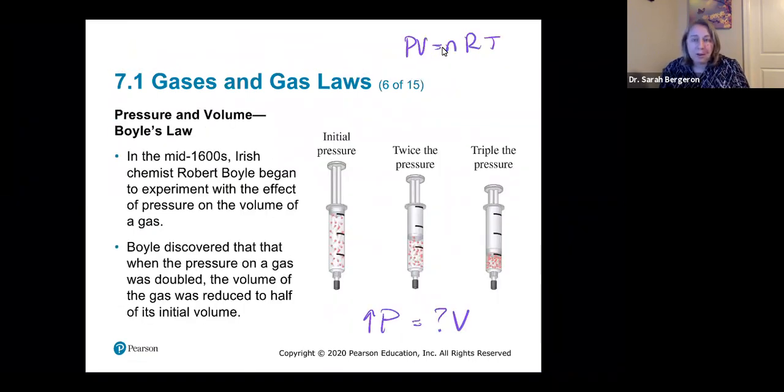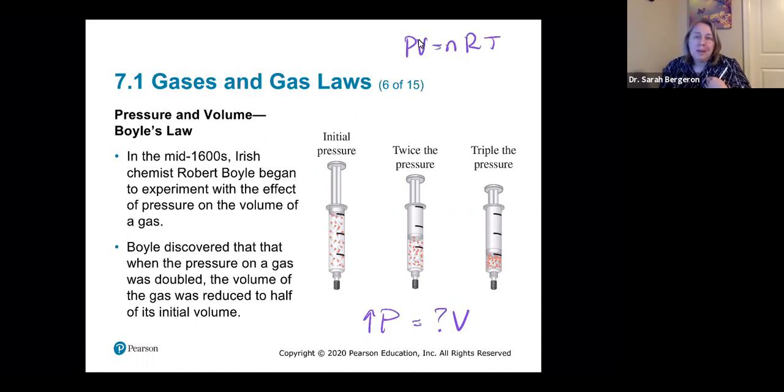You'll see I wrote it at the top over here. So, gases and our gas laws. The relationships between the different things inside this formula are each called a separate law. But you can use this formula to remember the different laws. So this is my trick. Your book doesn't tell you to do this, but this is my trick.